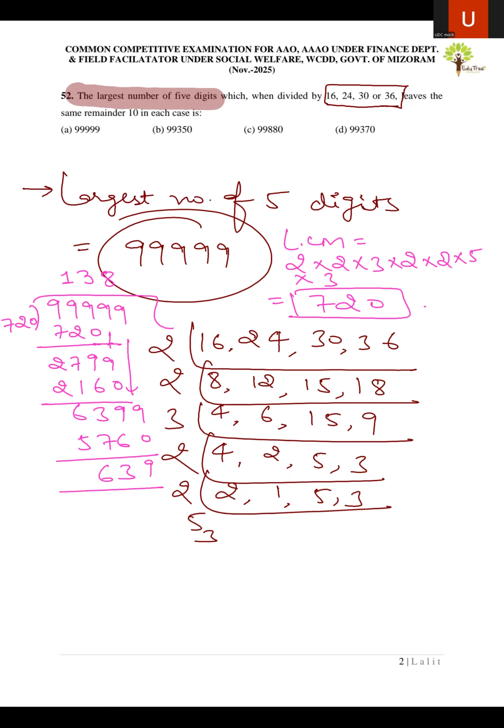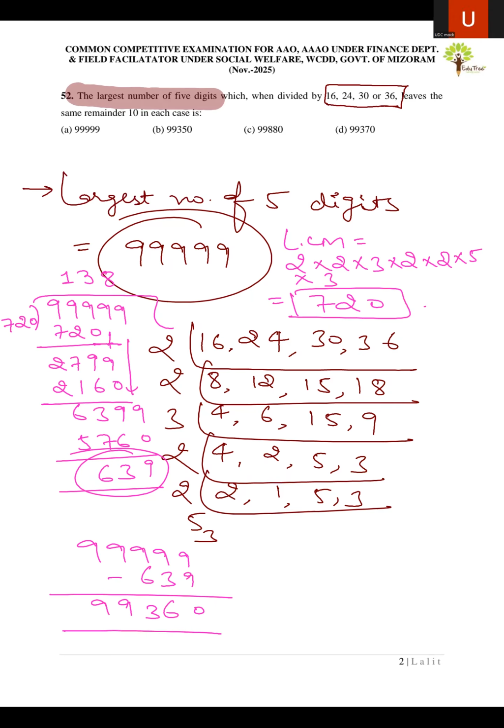So this 639 is the remainder. What you can do is simply subtract 639 from the 5 nines. This will be 99360.